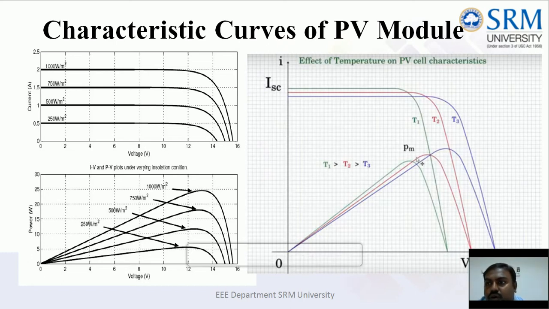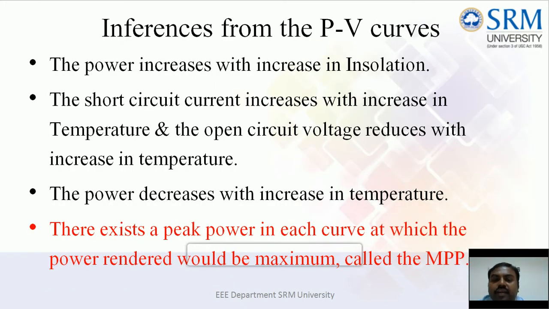To summarize the characteristic curves performance, you should know that irradiation and temperature play a crucial role in determining the efficiency and power output of any photovoltaic panel, or even a cell or array. The inferences are: the power increases with increase in insolation, the short circuit current increases with increase in temperature, and the open circuit voltage, of course, reduces with increase in temperature.